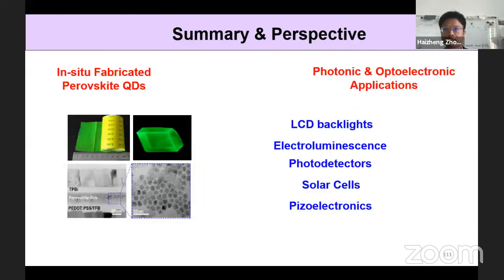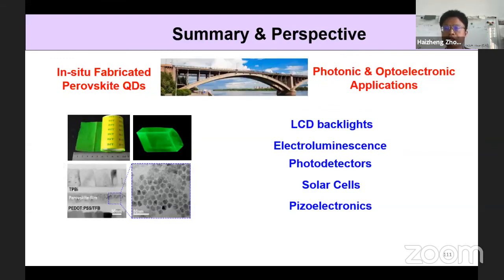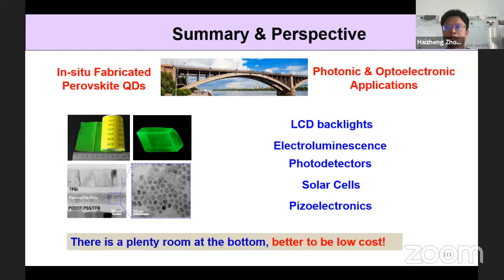And these in-situ fabricated perovskite quantum dots bridge the use of quantum dots in photonics and optoelectronic applications. We have shown how they can be applied in LCD backlights and also for electroluminescence applications. And there are different ways to achieve photodetectors, solar cells, and piezoelectronics.